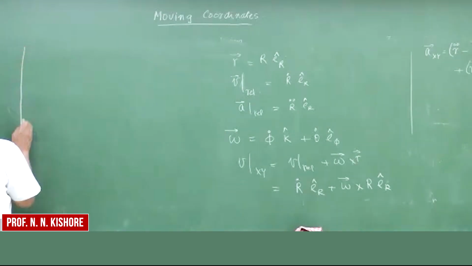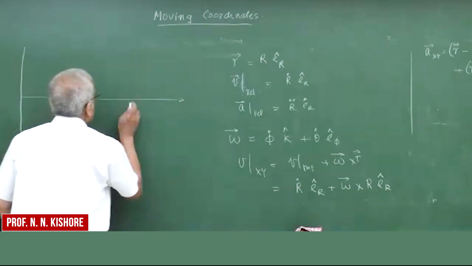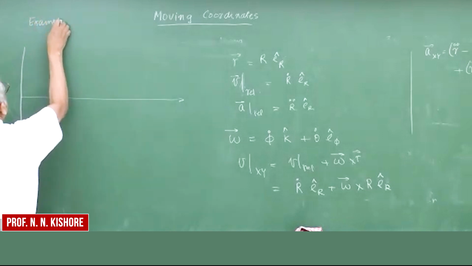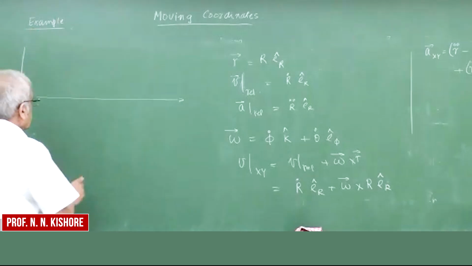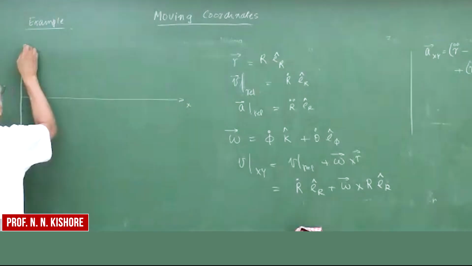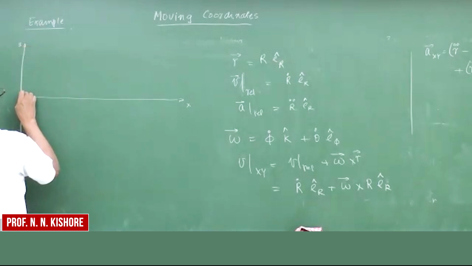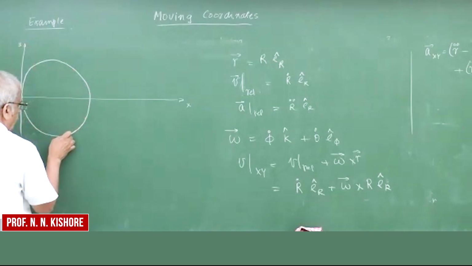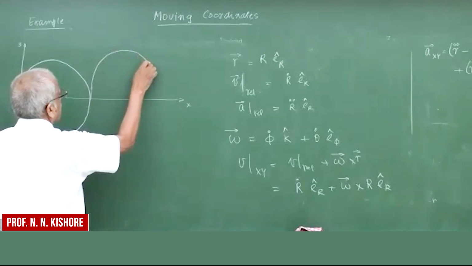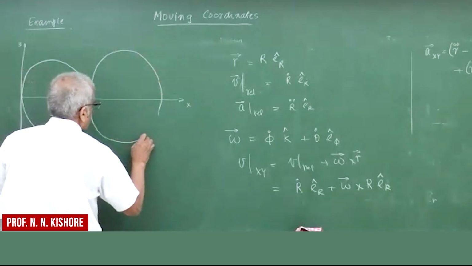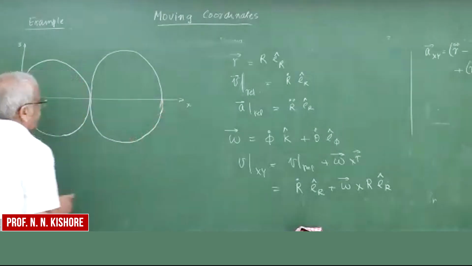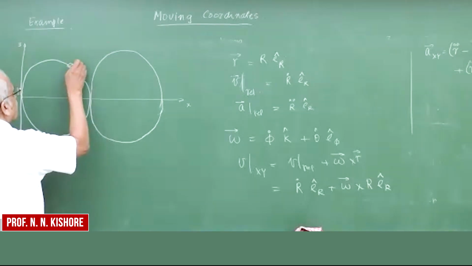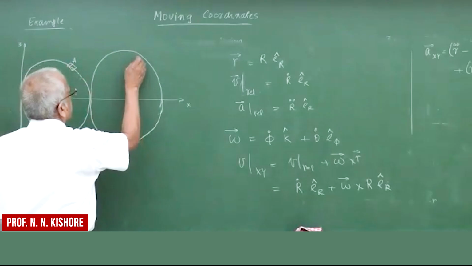Let's just take another example here. So let us say this is horizontal. We have two circles here, and then there is one car going along this circle, and another car.